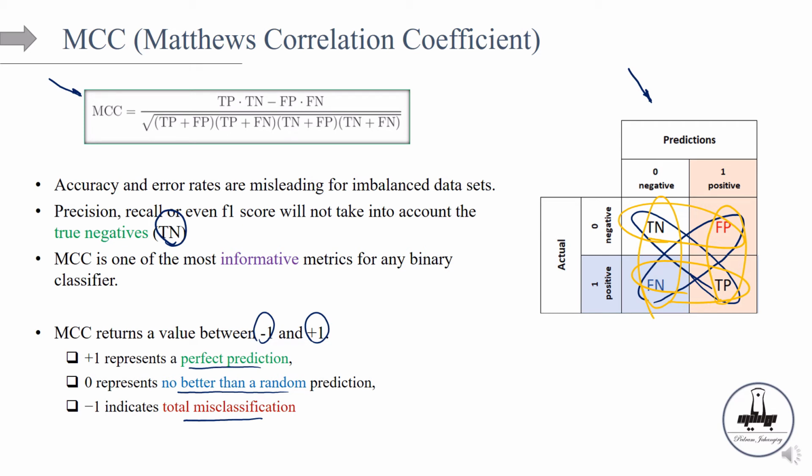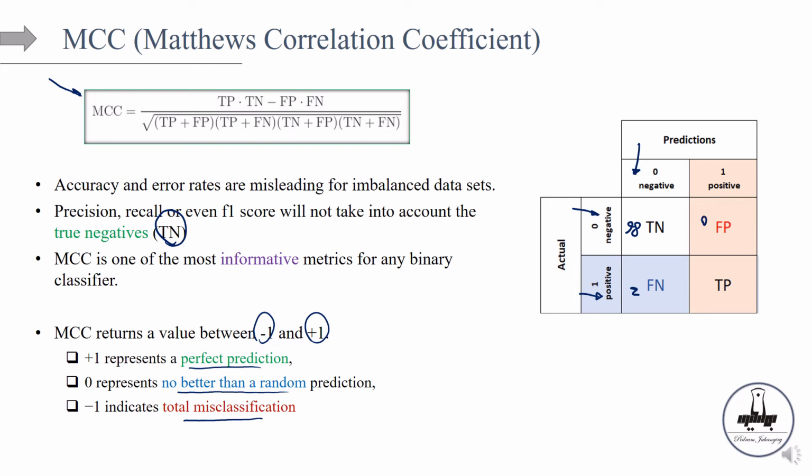Now, let me quickly review the previous example that we had. We said that we should not rely on accuracy. So what was the example? Let me just erase these things. We said we have 100 observations, and 98 of them in reality don't default, and 2 of them in reality default, and the model always predicts no default, right?